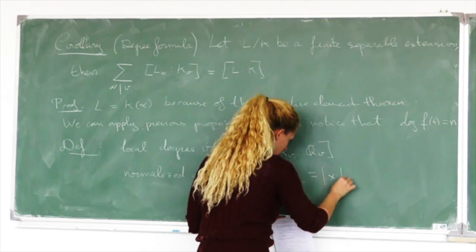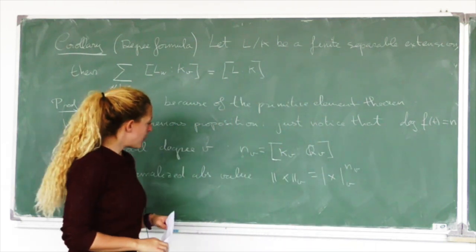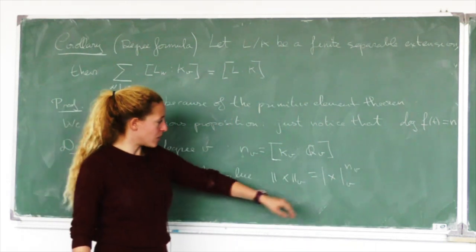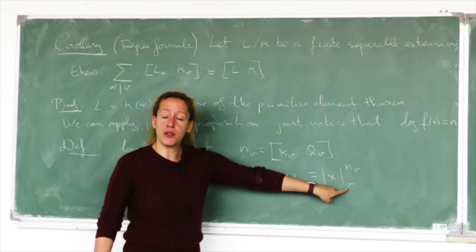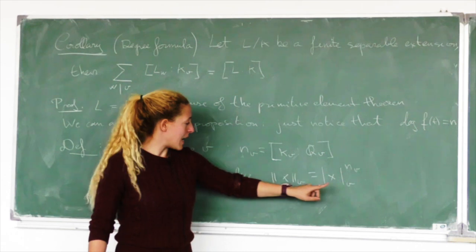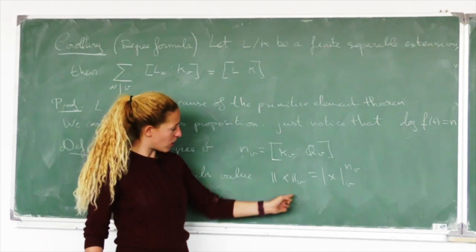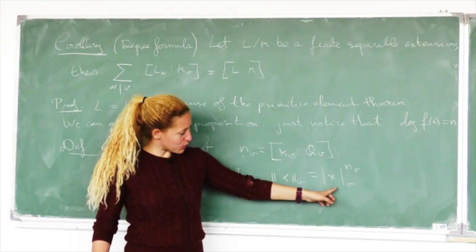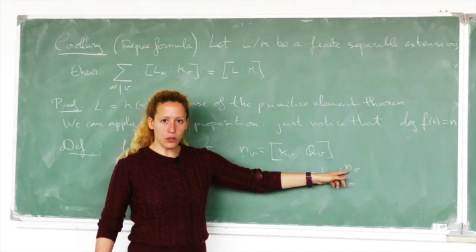So, I write it and now we discuss it together. Basically, I took an absolute value that depends on the valuation V, right? And I consider the following normalization that I denote like this with a double bar. That is the same absolute value, but I take an exponent. Which exponent do I take?